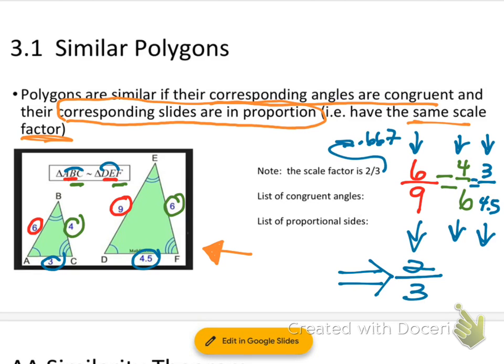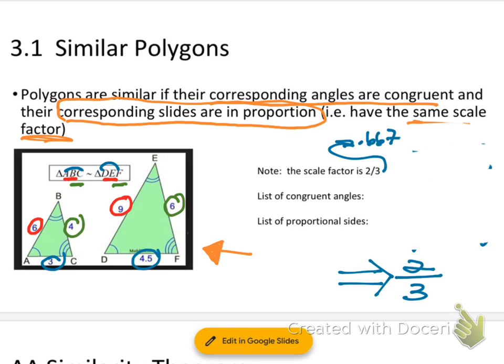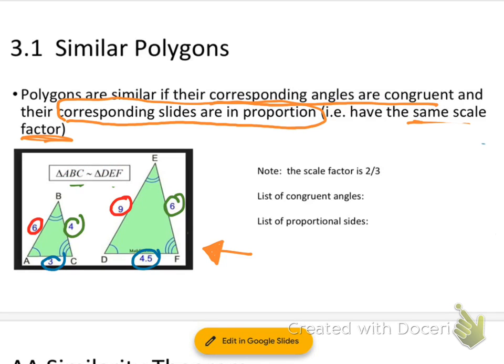What I generally will ask you to do with these problems, so let me erase something else here. I'm going to get rid of this for a second, but you can go back earlier if you need that explanation read to you again. I will ask you to do things like give me the list of the congruent angles. So the congruent angles you could get from the similarity statement, which is usually wise.